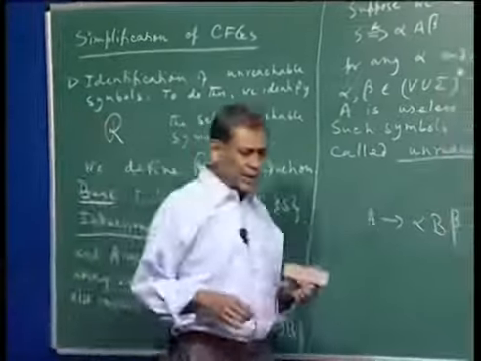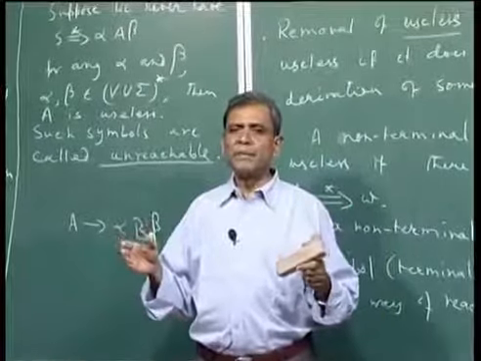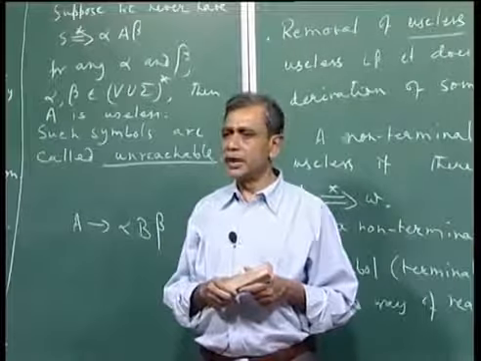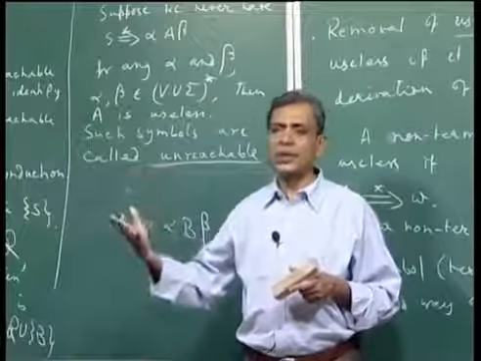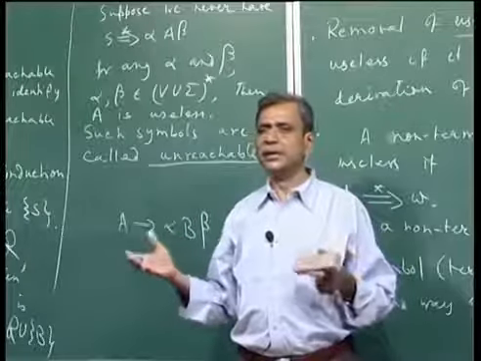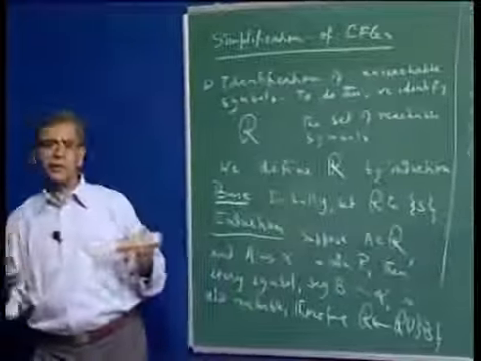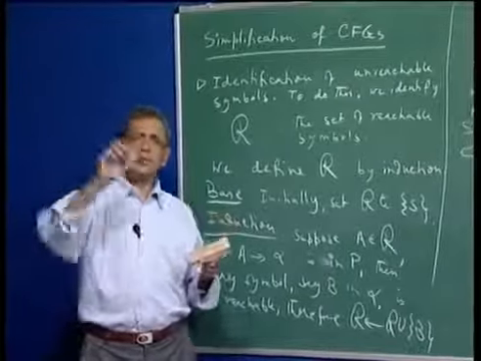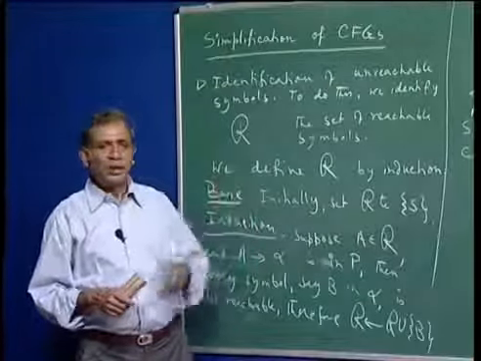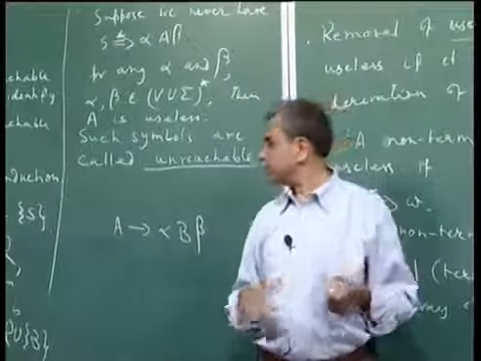Any time I find that even after consideration of all the productions in the grammar, the set R is not augmented, that means we have reached the final value of R. R cannot grow any larger, because the only way R can grow is when some new member comes in, and its productions whose left hand side is that new member give rise to possibly some more new reachable symbols.